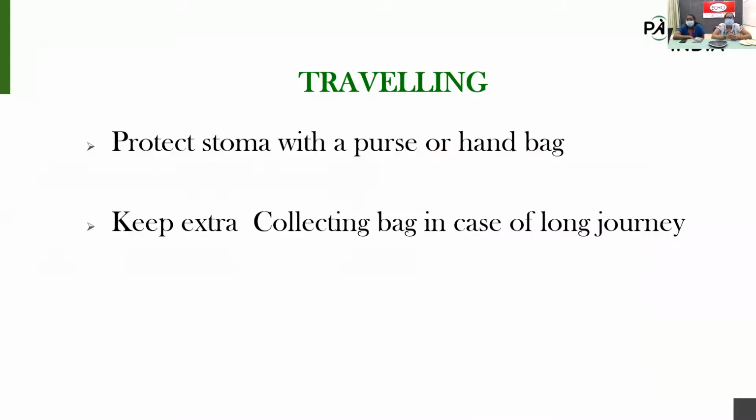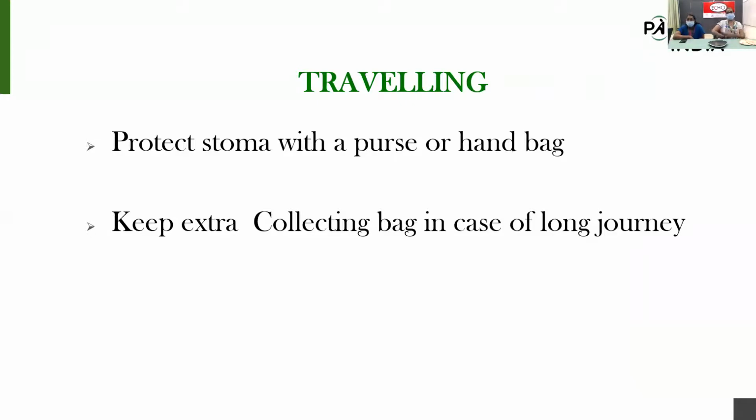Next. Then about traveling. A patient with colostomy can travel, but always tell them that they should protect their stoma area with a purse or handbag. Imagine if this is a handbag, they can keep it over the stomal region and close it.